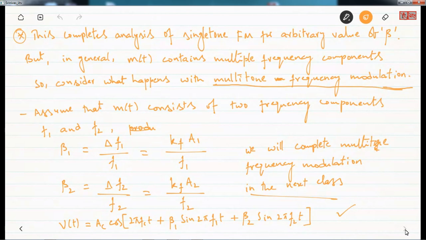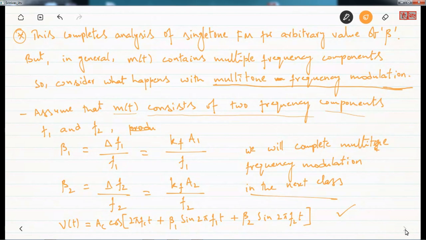So at the end of the last class, m of t consisted of two frequency components, f1 and f2, where f1 has amplitude a1 and f2 has amplitude a2.